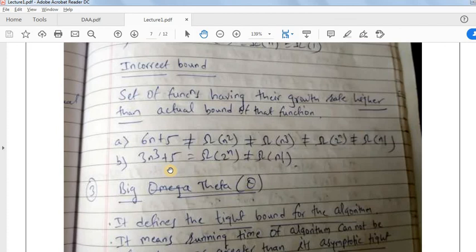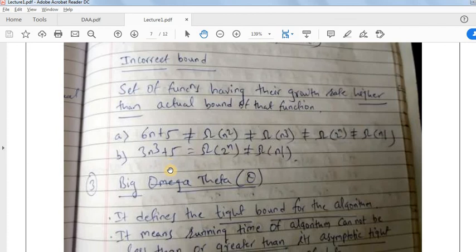Users are advised to pause this and try these examples on their own. 3n cube plus 5 will not be equal to omega of 2 raised to n, because this will be higher than it. Okay, there was a mistake. This should be not equal to, okay.